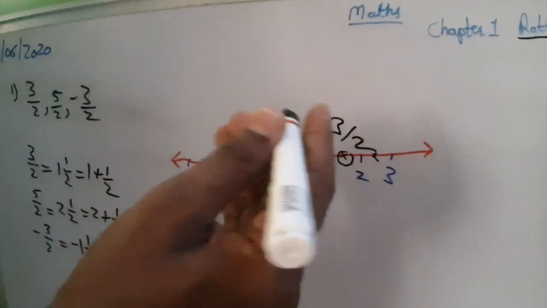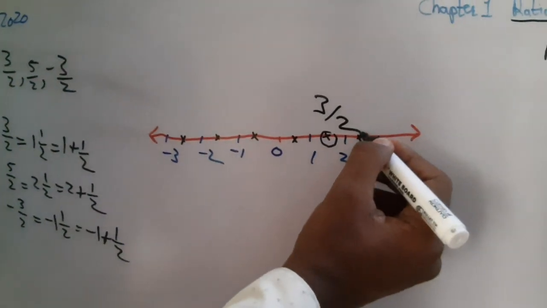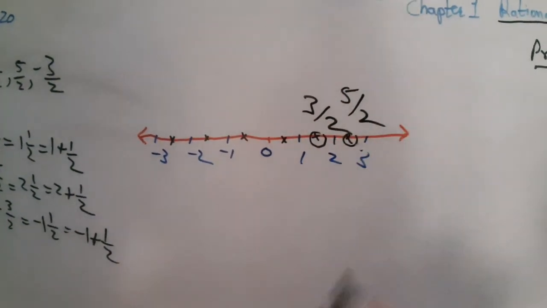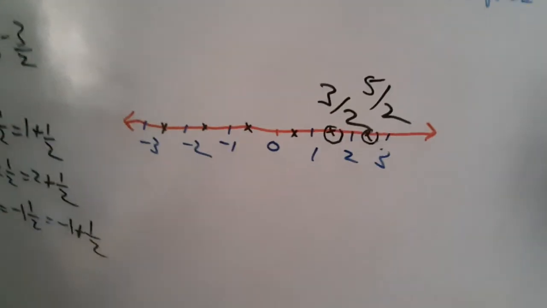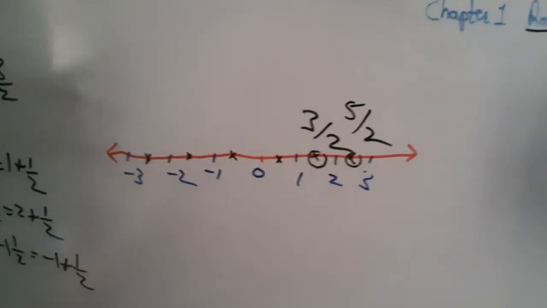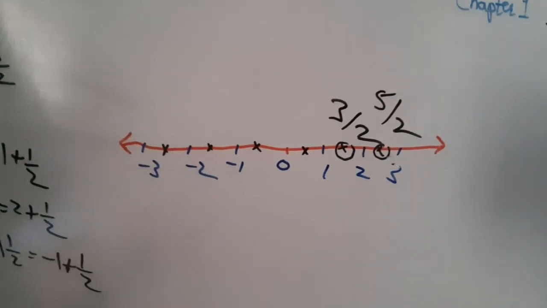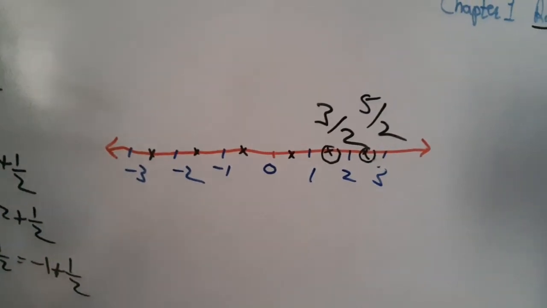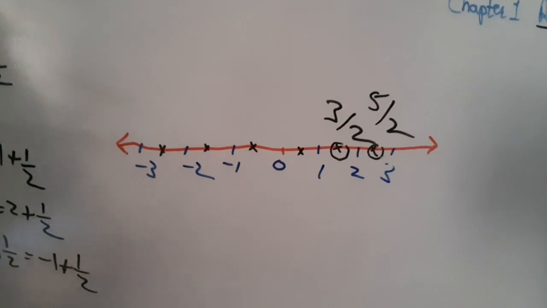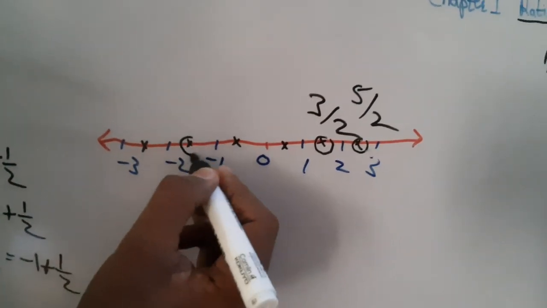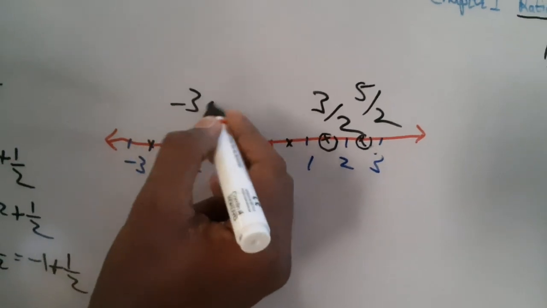After 2, half, between 2 and 3, I can write here 5 upon 2. See, both are positive, that's why they are on the right side of 0. When you consider the negative, minus 3 upon 2, how can you write it? See, it is on the left side of minus 1 with a half, this side. You go there and mark here minus 3 upon 2.